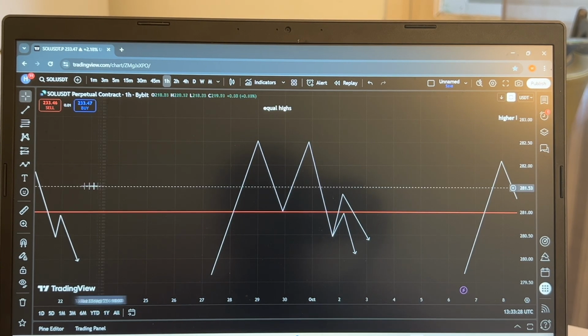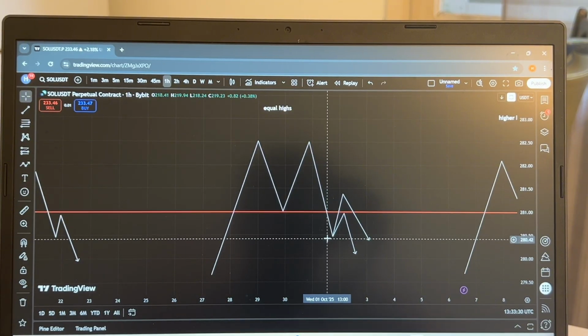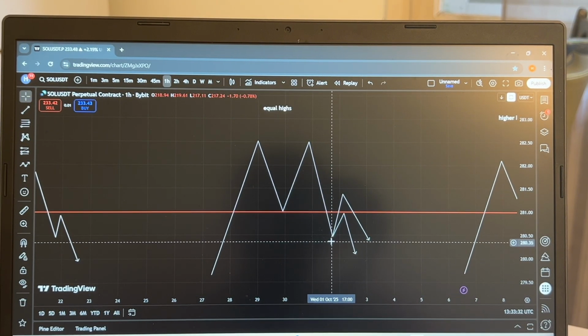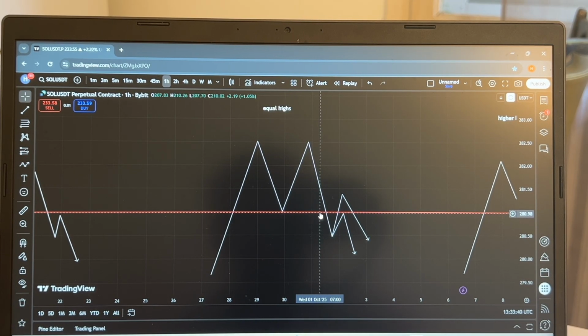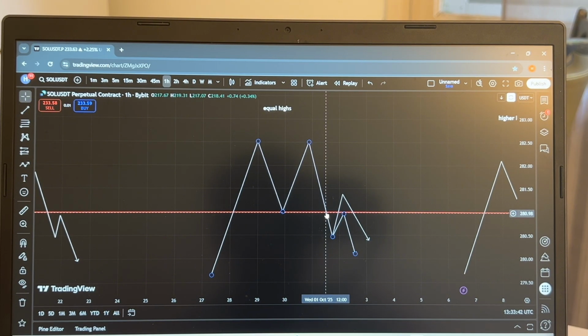Okay, so if this happens, always keep this in mind. Do not panic and blindly put your entries short from here. Do not blindly short from here.